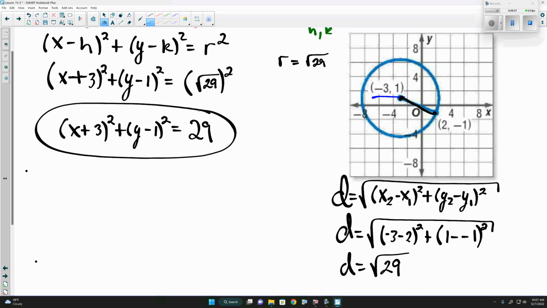And that's it. That's the answer. That's the equation of this circle.